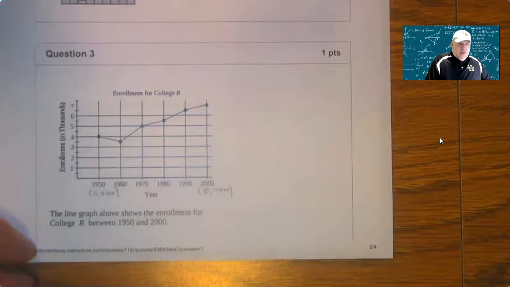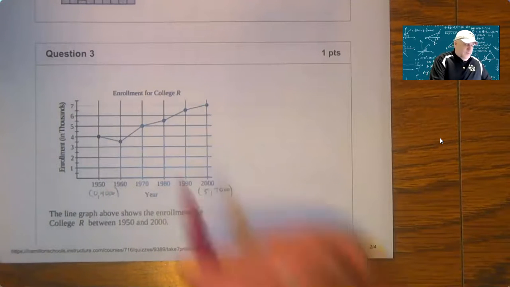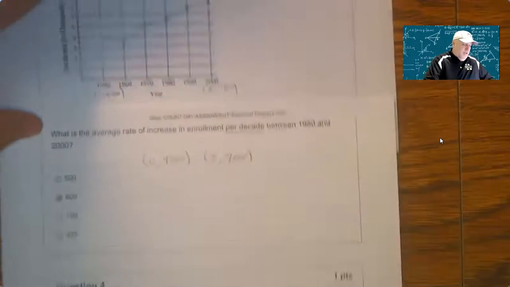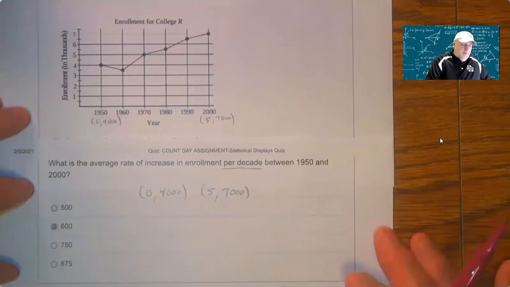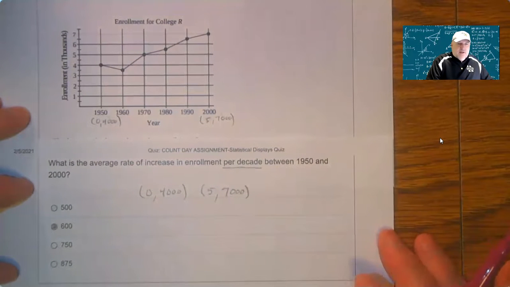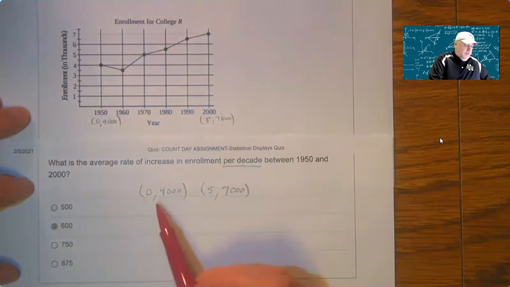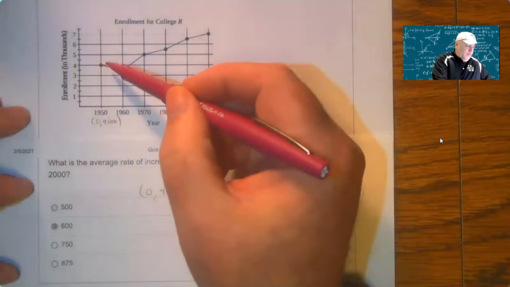This is a real tricky question based on how they ask it. This graph shows the years and then the enrollment in thousands. The question says, what is the average rate of increase in enrollment per decade between 1950 and 2000? So you have to consider the decades. If 1950 is year zero, we have 4,000.